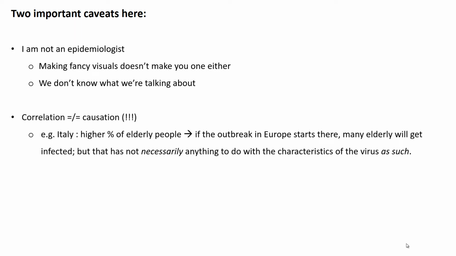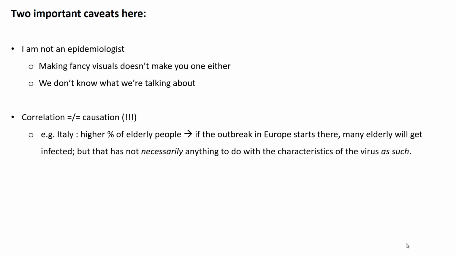A second caveat here is that correlation doesn't mean causation. You know that, but this is especially relevant in this case. For example, maybe we find that as the number of elderly people in a given country increases, the number of infected in said country increases as well. Well, it could be that this is a true relationship, that countries with many elderly people are more prone to a very fast and maybe even deadly spread of the virus.